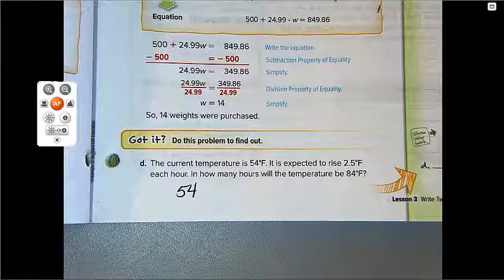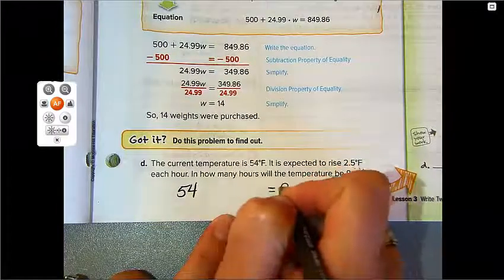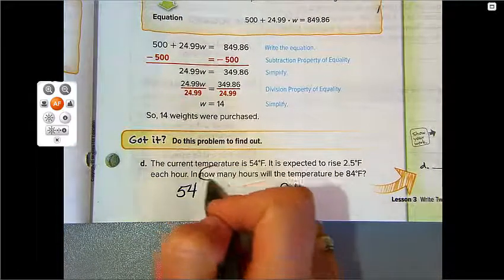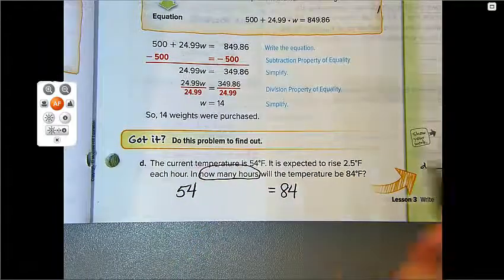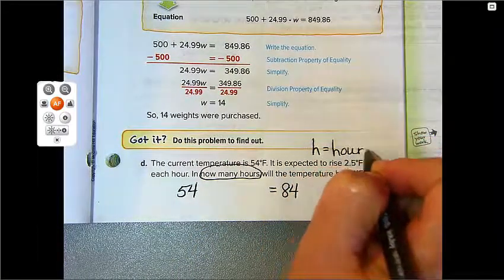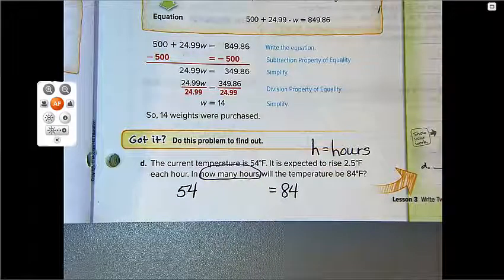And how many hours will the temperature be 84 degrees? So I know that I want this to equal 84 degrees because that's the final temperature that I'm trying to get to. And it says how many hours? Well, I don't know how many hours, but I'm going to go ahead and let hours be H. So now I know that I'm solving for hours.